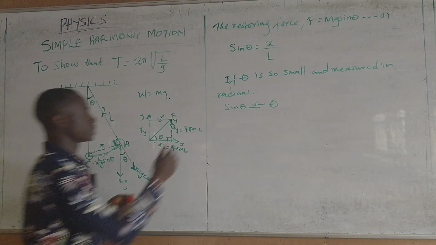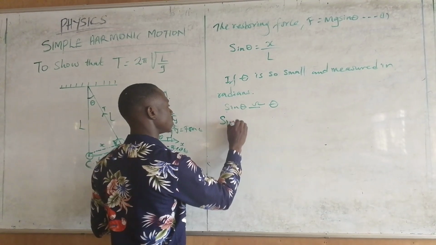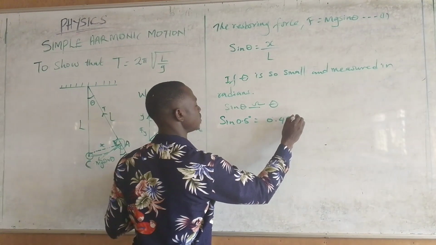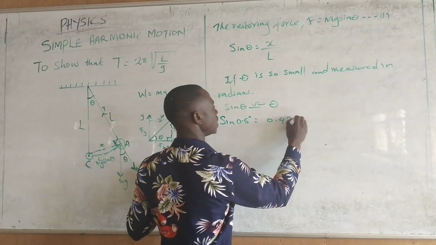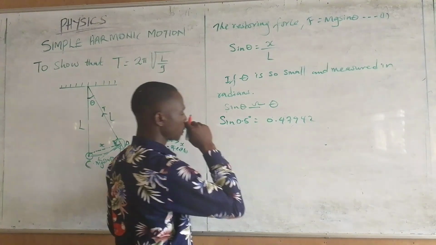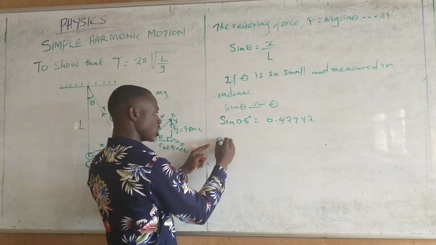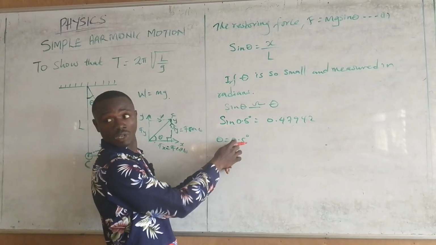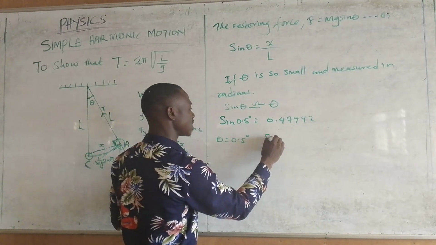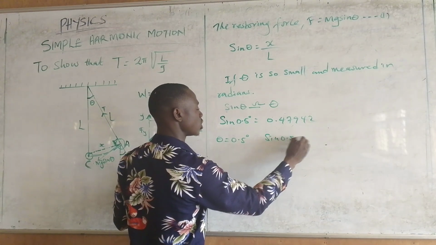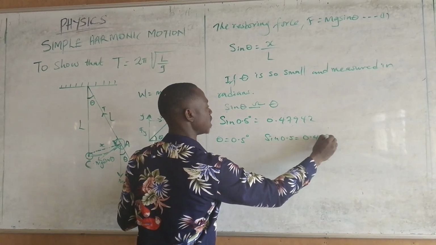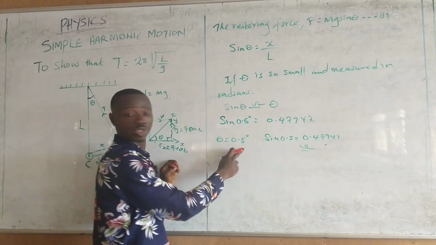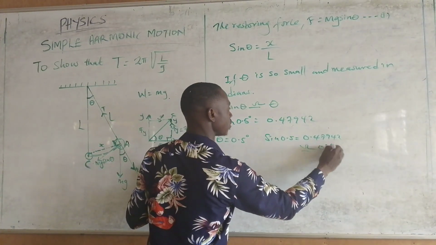Sine 0.5 is 0.47942. So theta is 0.5, and sine theta is 0.47942. You can see that this can be approximated to 0.5 itself.